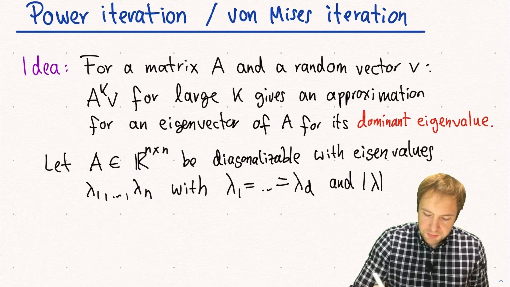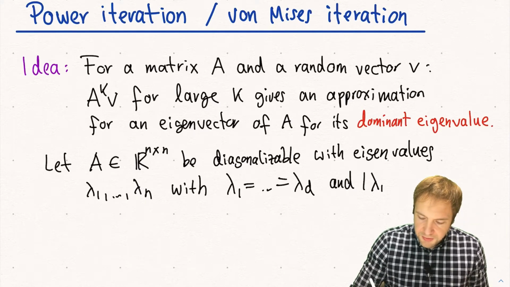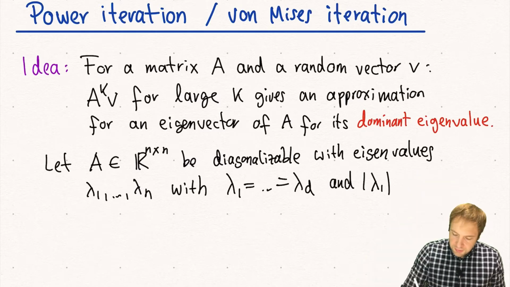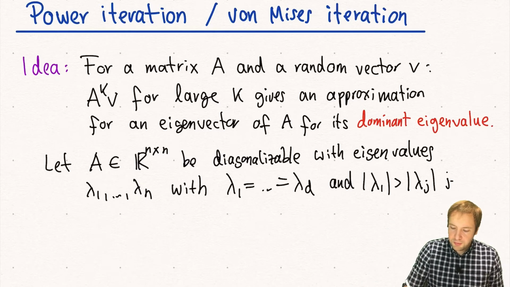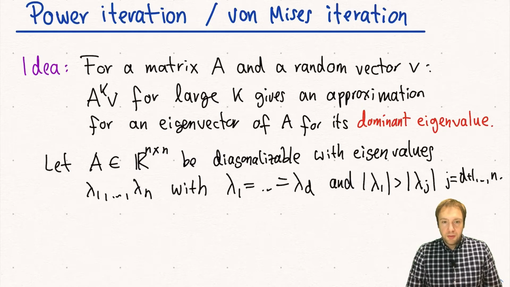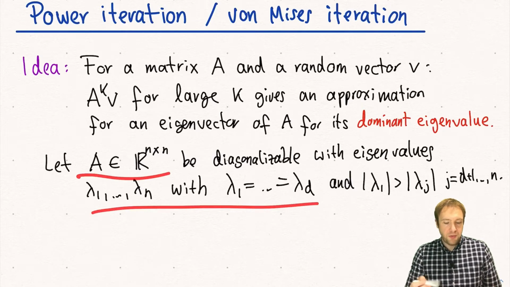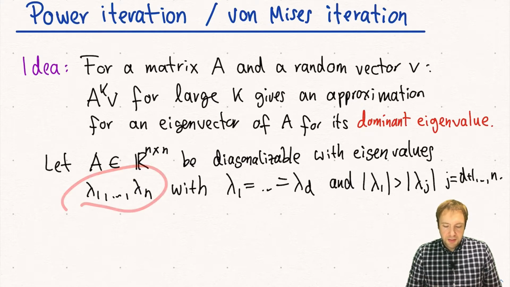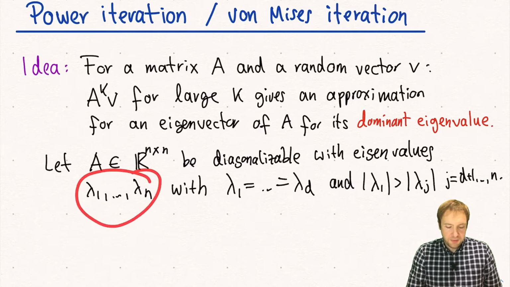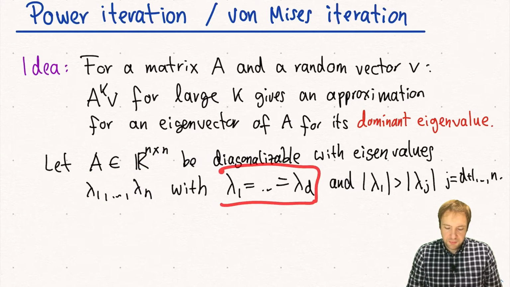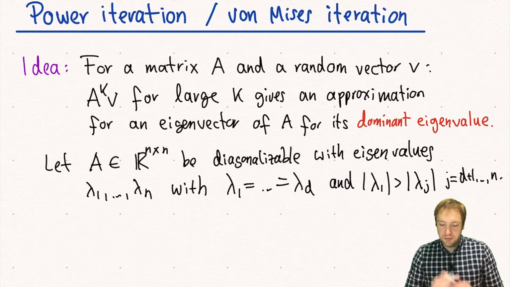So we want that the absolute value of this number is strictly larger than the absolute values of the other eigenvalues, where j runs from d plus 1 up to n. This just means we have some matrix A which has these eigenvalues, and then we order them in such a way that the first d eigenvalues, which are the same, are the ones with the largest absolute value.